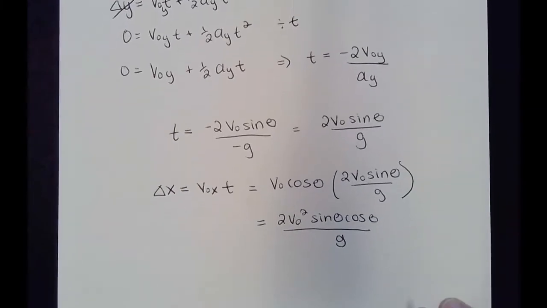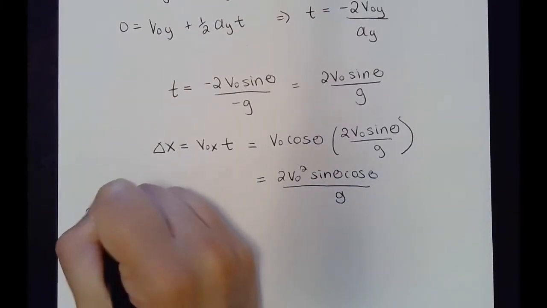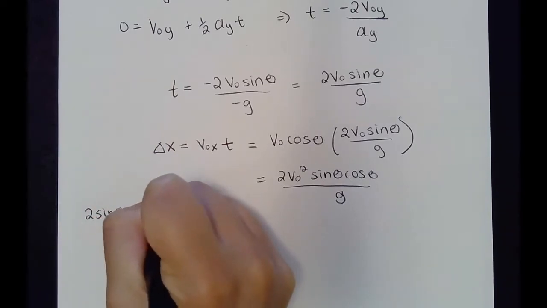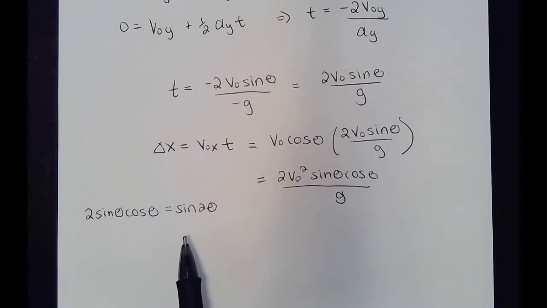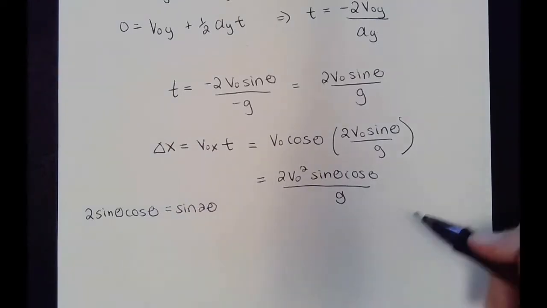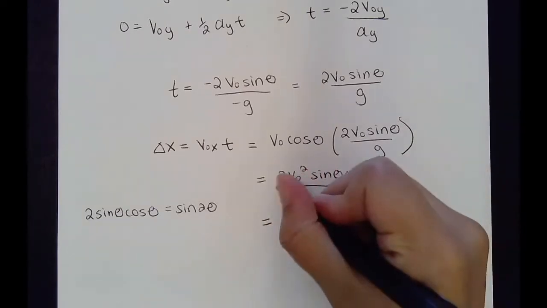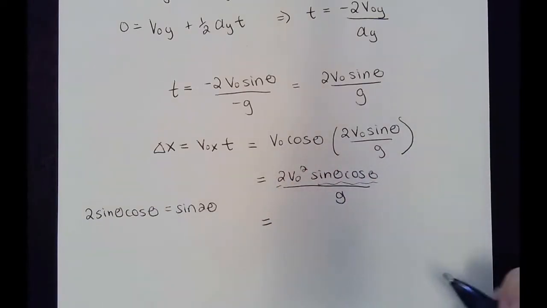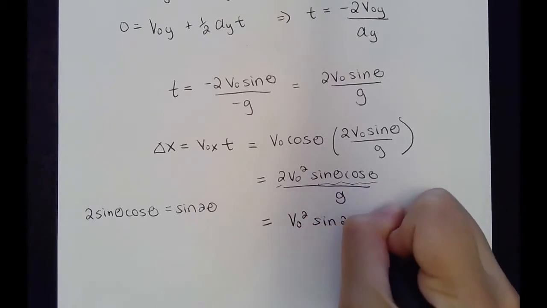And I'm going to make use of a trigonometric identity here that says that 2 sine theta cos theta equals sine 2 theta. Don't worry if you haven't seen that before, you won't have to use that yourself, but I want to show you where this equation comes from. So plugging that in, this all together equals v naught squared sine 2 theta over g.